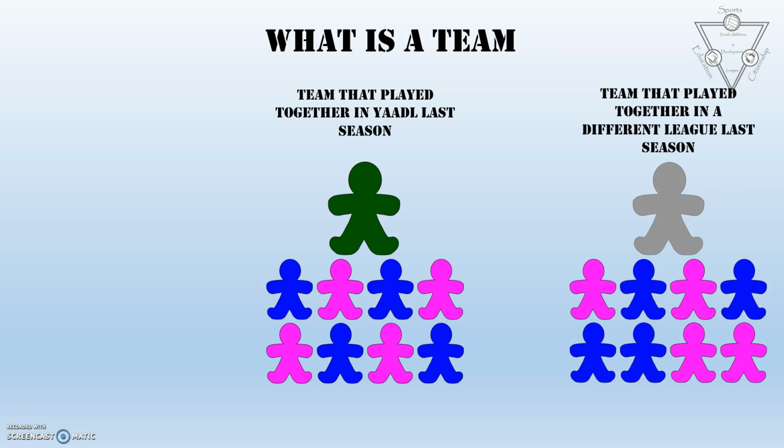The second would be a group of players who've gotten together and have a coach and come into the league as a group as opposed to as individuals, whether it's because they played in a different league before and now they want to play in our league, or if it's just a group of friends who want to play together and have convinced one of their parents to come coach, and so they come into the organization as a group as opposed to coming in as individuals. We'll treat it as if they were a team last year.